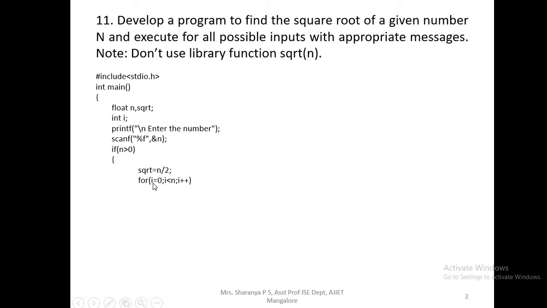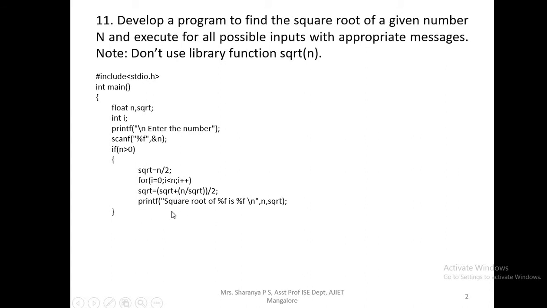Next, with the for loop, i starts with 0, i is less than n, i plus plus, it will process one major equation, that is sqrt equal to sqrt plus n divided by sqrt, and the whole divided by 2. This is the formula used to find the square root of a given number. Now in the next analysis part, I will be dealing with what this formula means exactly.